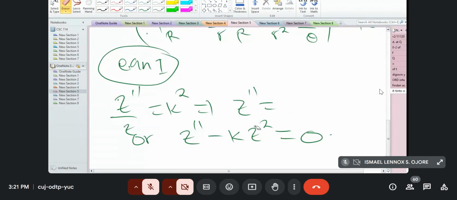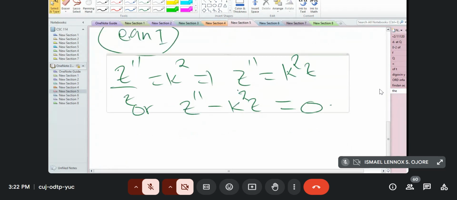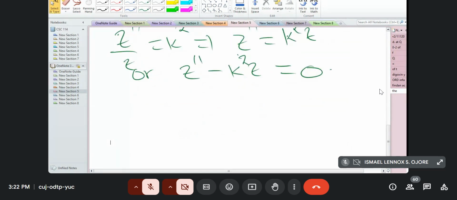So Z double prime minus k squared Z equals 0 is a second order ordinary differential equation. If you solve for this, what is the general solution?